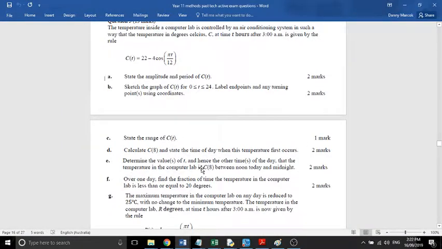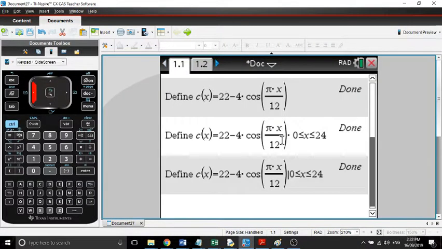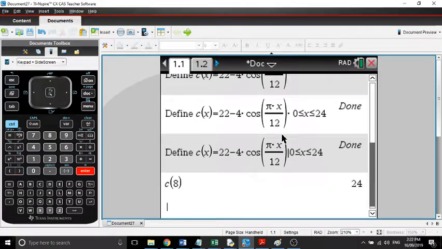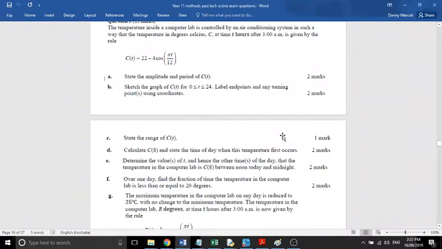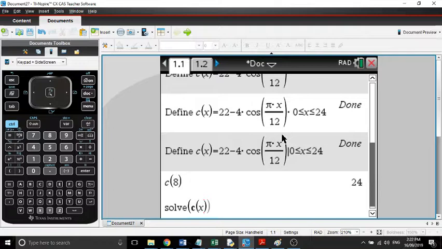Calculate C of 8 and state the time of day when this temperature first occurs. So C of 8 is 24 degrees. Where is the first 24 degrees? Solve C of X equals 24.